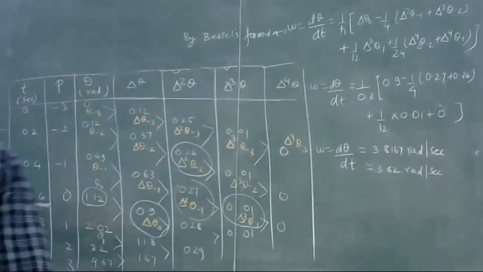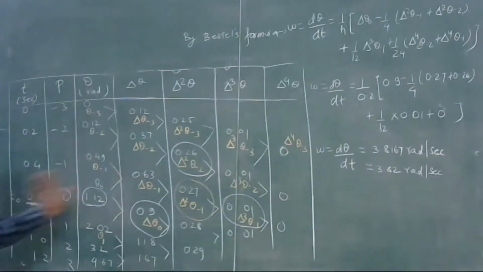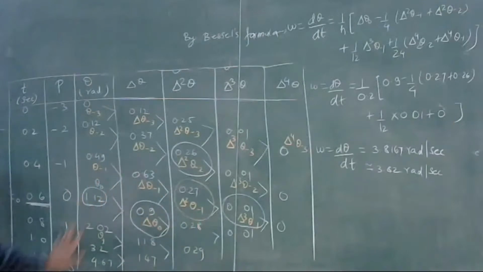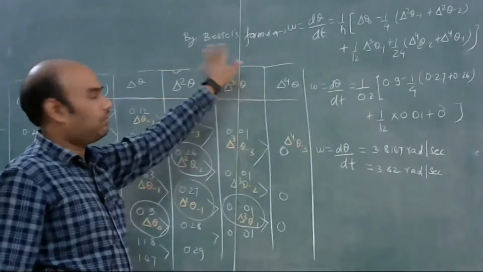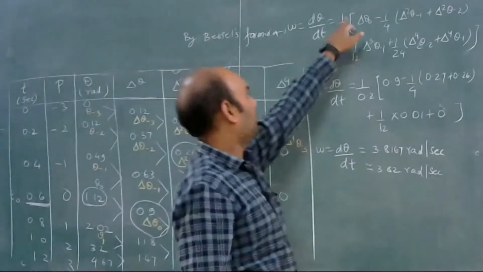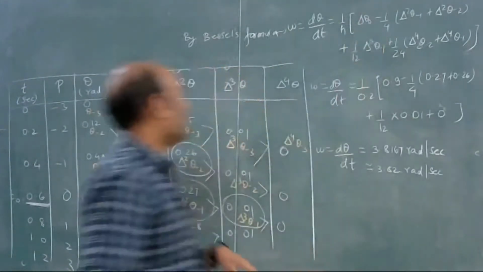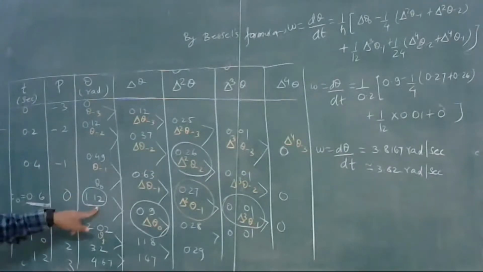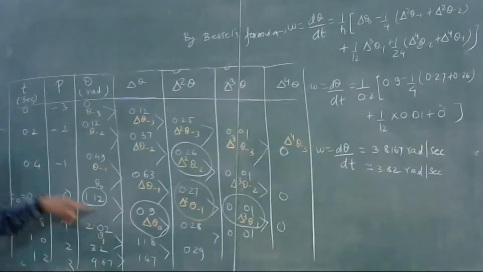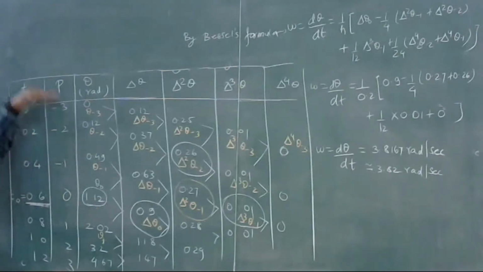So first you have to prepare this difference table. Then you have to write Bessel's formula. Derivative of Bessel's formula is 1 upon h del theta naught. This is the value of t, this is the value of theta. You have to find at t is equal to 0.6, so this will become t naught. This will be the value of p and theta naught correspondingly. So this is minus 1, minus 2, minus 3 value of p.